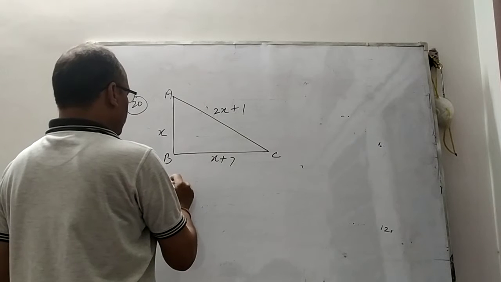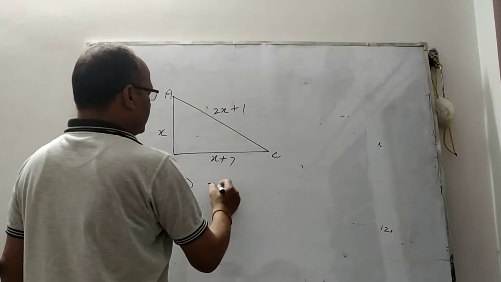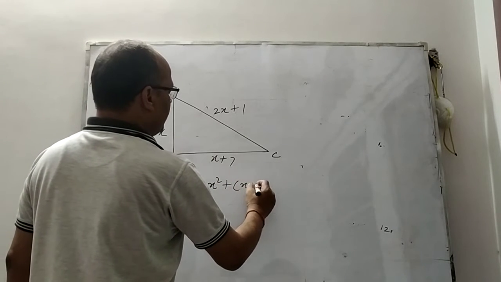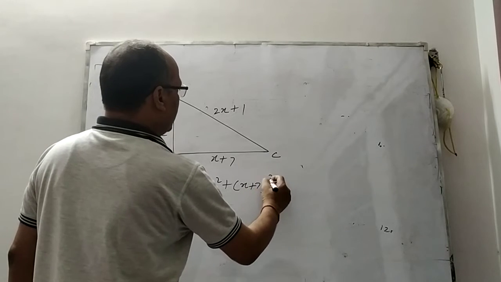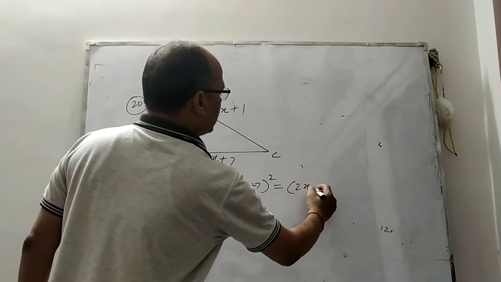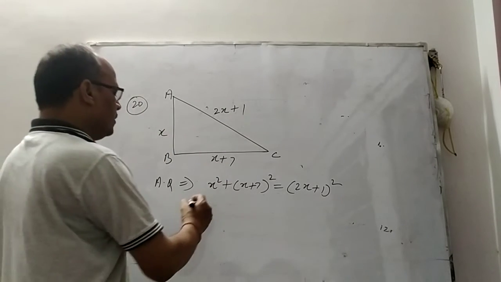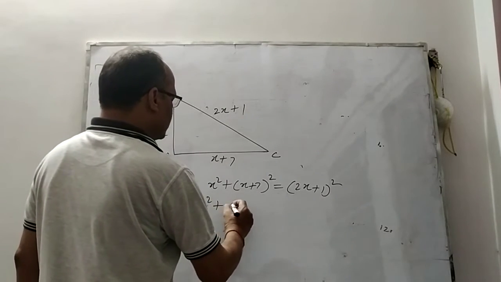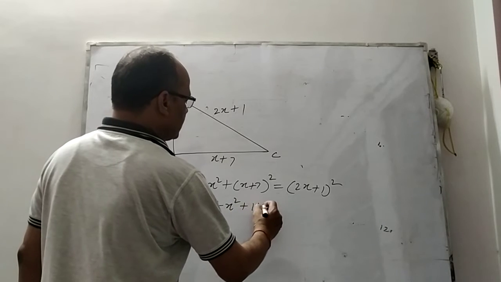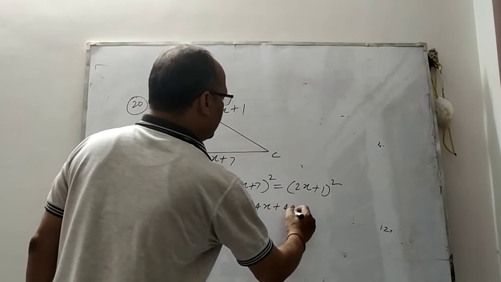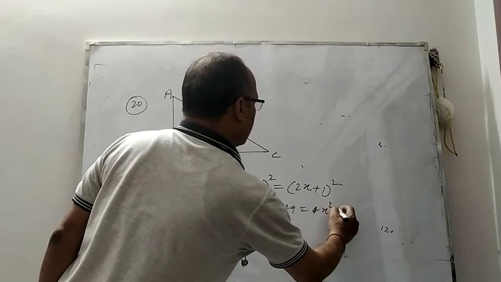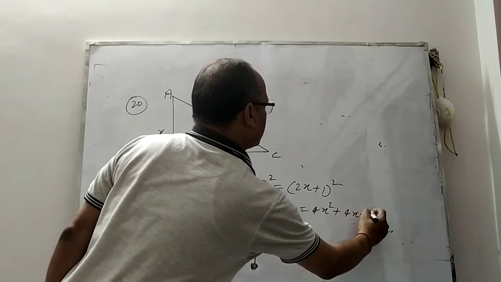So now according to the question, what will be here? x square plus (x plus 7) whole square equal to (2x plus 1) whole square. You simplify, you can get this solution. x square plus 14x plus 49 equal to 4x square plus 4x plus 1.